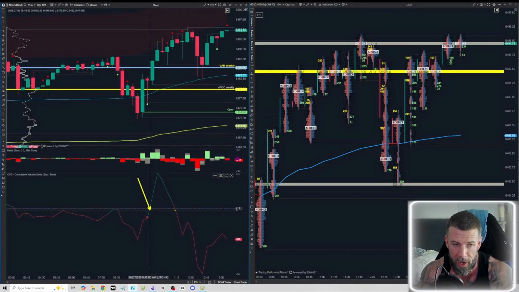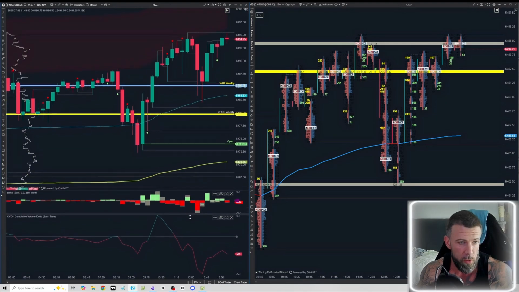And then when we pass the zero line, there's now officially more aggressive sellers than buyers at market prices, impatient, aggressive participants. This is usually retail, right?